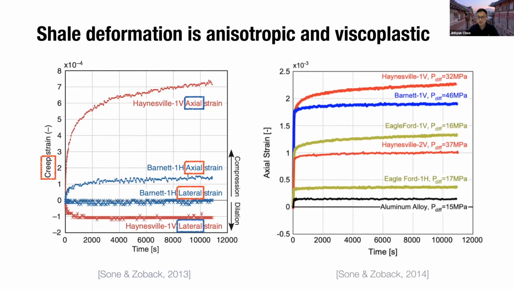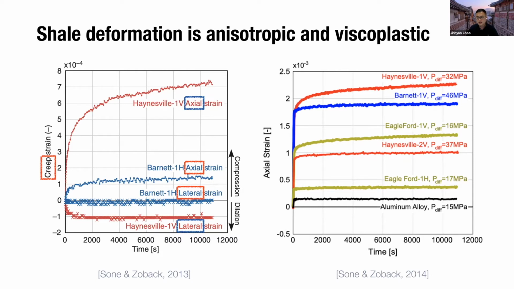And here's another experimental data from Sone and Zoback. This is an axial strain, which means instantaneous strain plus creep strain. And you can see that unlike aluminum alloy, which does not show any strain over time, shale shows significant strain over time, which again confirms viscoplastic behavior.